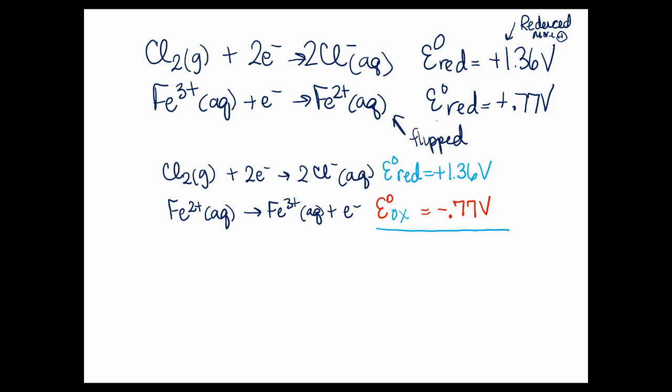So I could not have flipped the negative, made the 1.36 negative. That would have created a negative cell. So this should be E of cell will be plus 0.59 volts. When E of cell is positive, that cell is spontaneous.